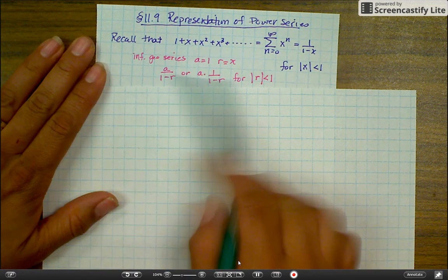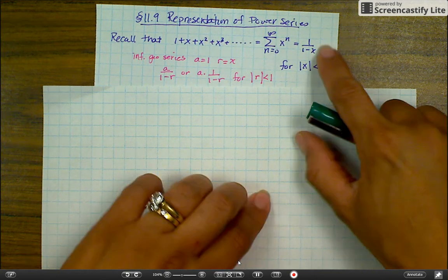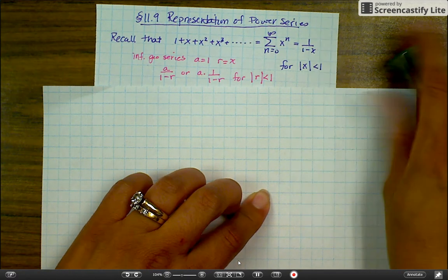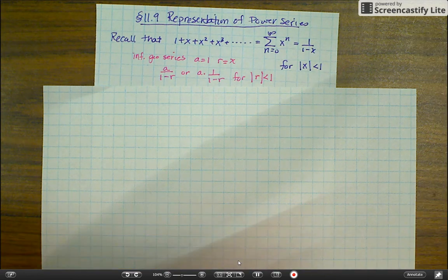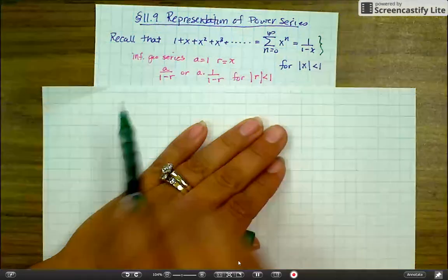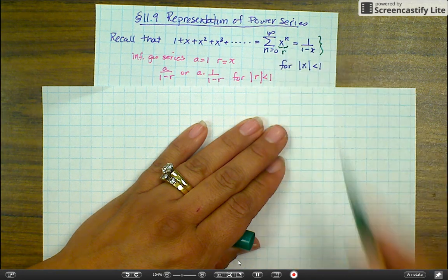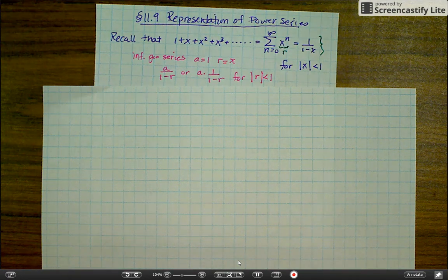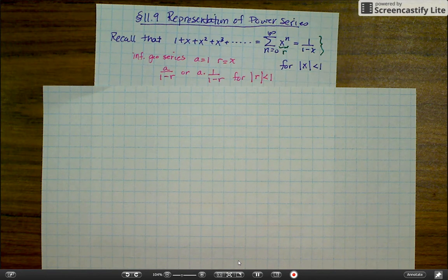When we did that, we came up with 1 over 1 minus x, because x was our r. And this works as long as the absolute value of x, which is the same as r, is less than 1.